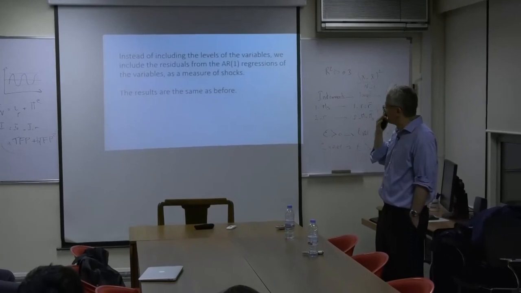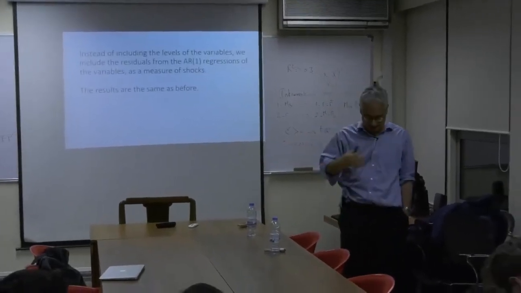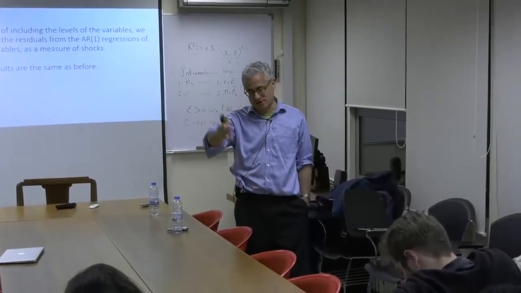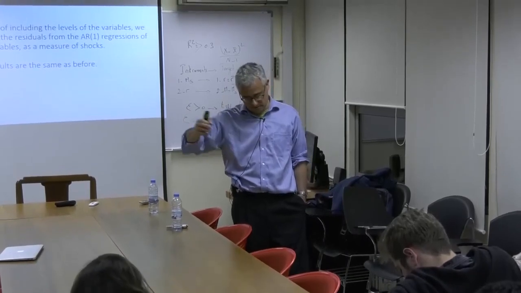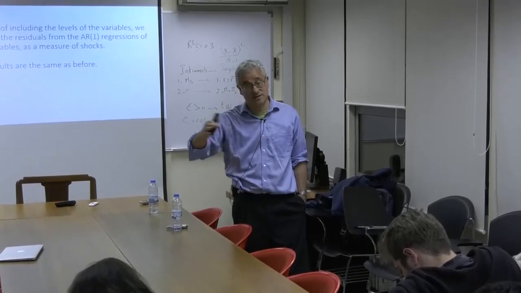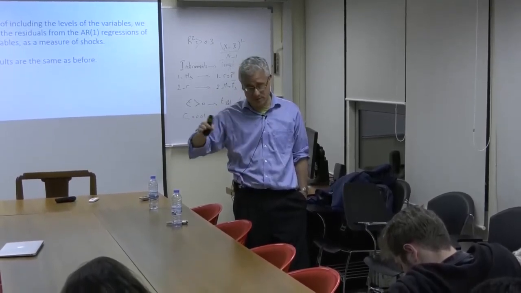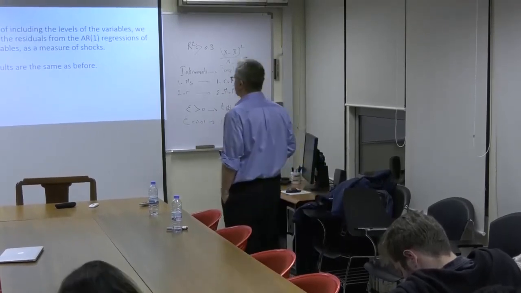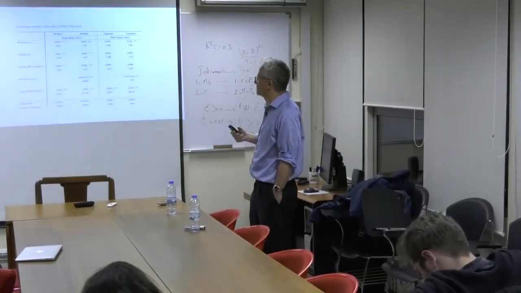But now, to better measure shocks, we look at the residuals. We run AR1 regressions for all these level variables and take the residual to better measure the shock component of these macro shocks. We use the residual as an explanatory variable, and the results are the same as before.